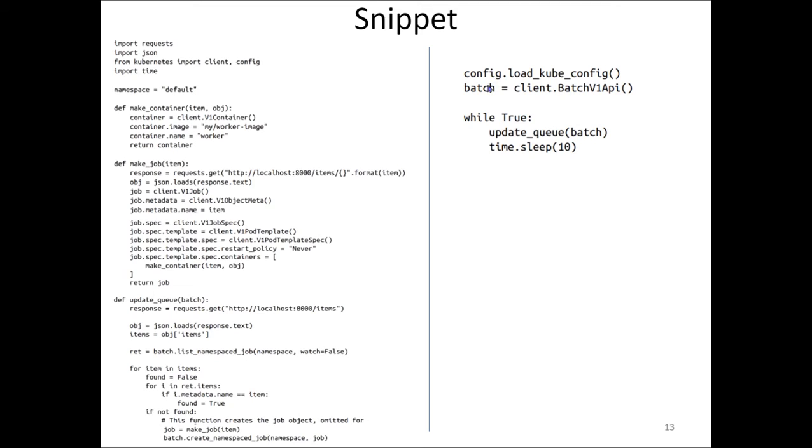If we start here, config. It's basically going to load the config, then create a batch with the workforce, then push the batch into the update queue. If we come to the update queue here, we can see it's getting the response, creating an object, creating items. Then it searches for which items are not being processed and which are processed. Kubernetes gives a flag in the metadata to each work.